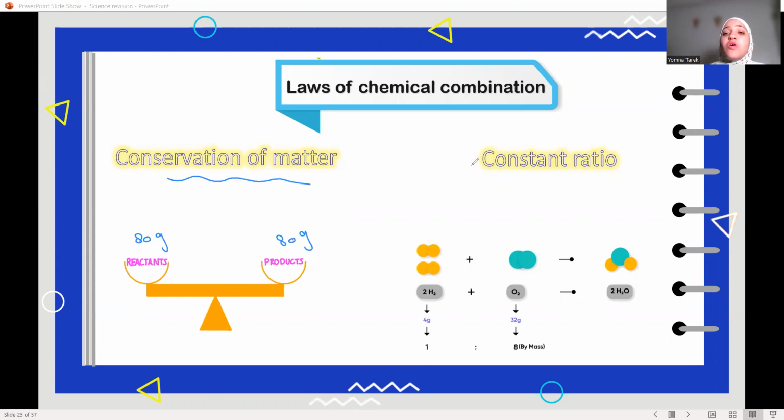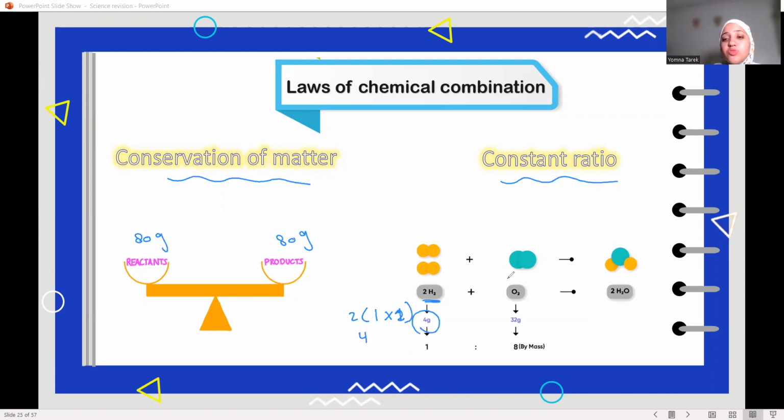What about the law of constant ratio? The law of constant ratio tells us that every element has its own ratio. For example here, 2H2. What is the mass number of H? It's 1. So 1 multiplied by 2 is 2, and with the two molecules it's 4. So 4 grams. What about oxygen?